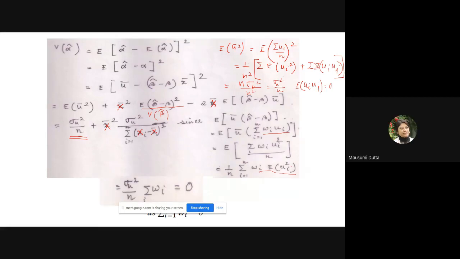Ma'am, can you repeat the last part? This part, expectation u bar into summation wi ui, the last part.